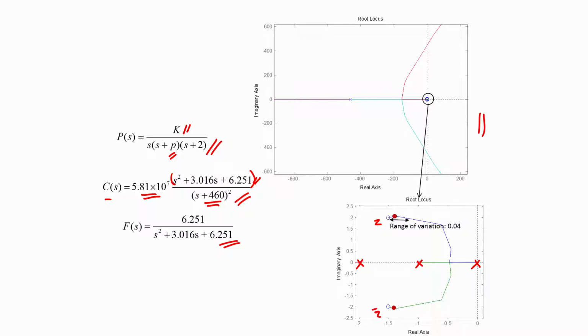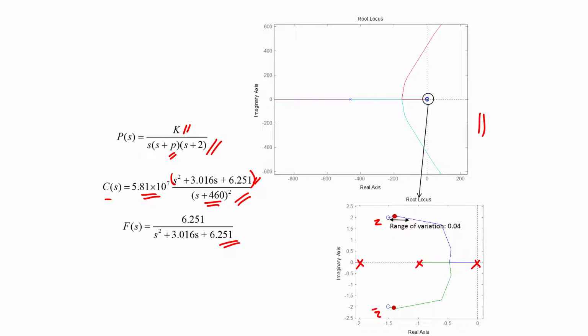Now when we change the gains of the plant and the pole locations of the plant within the limits that have been specified, we can verify from the root locus that the variation of the closed loop pole is actually within 0.04 units.